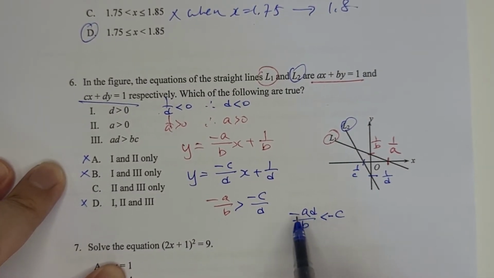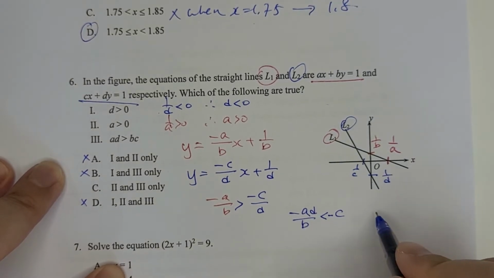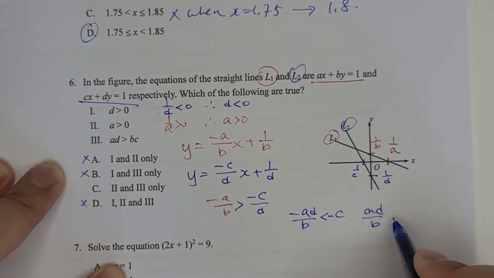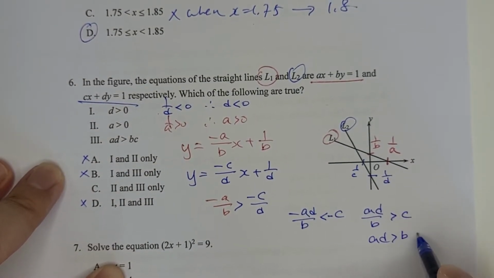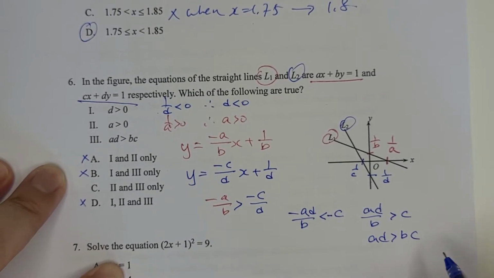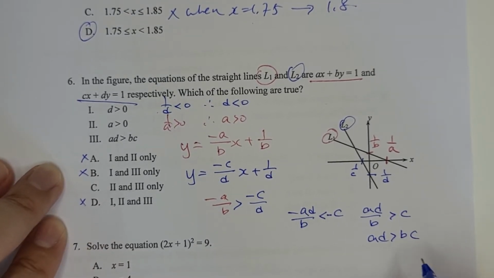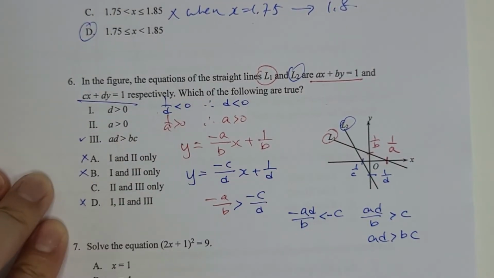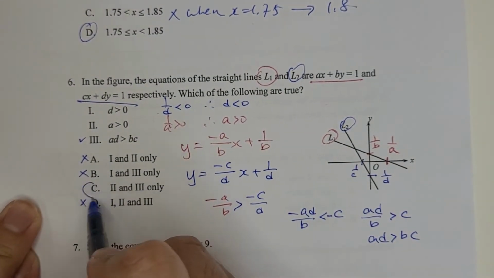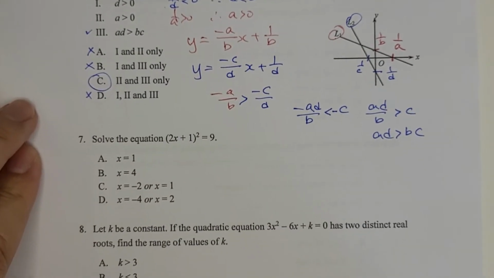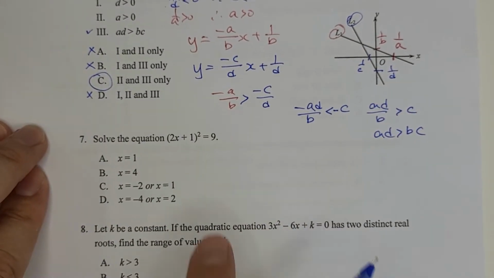Both sides multiply by negative 1, that becomes ad over b greater than c. And finally, b is positive, so you just multiply this number b to the other side. And therefore, ad is greater than bc. So statement 3 is correct. Final answer, C.